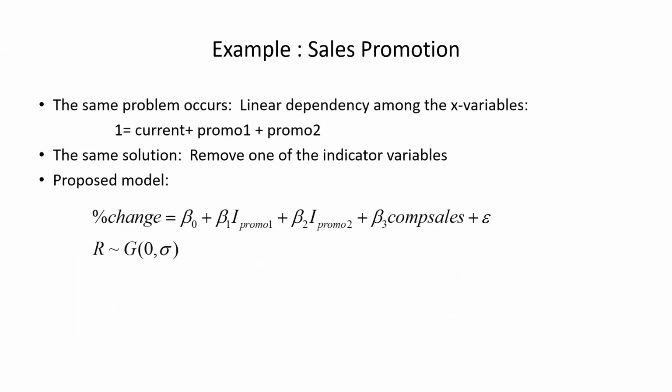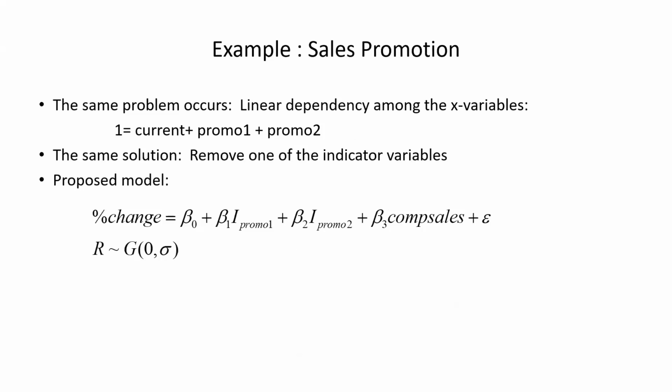So we have, of course, the exact same problem. There's a linear dependency among the X variables, and specifically current plus promotion 1 plus promotion 2 always equals 1, right? If you are current, then the other two promotions are 0. If you are in promotion 1, then the other two are 0.